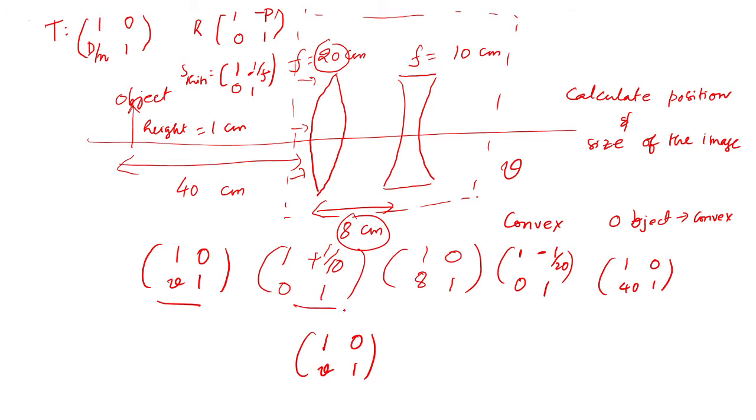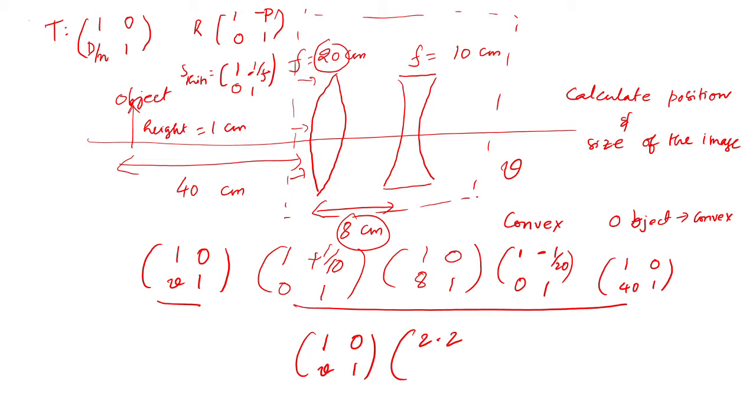And if I multiply all these matrices with known numbers, I am basically going to get something like 2.2, 0.01. Let me just write it here. I'm going to get 1, 0, v, 1, 2.2, 0.01, 32.6.